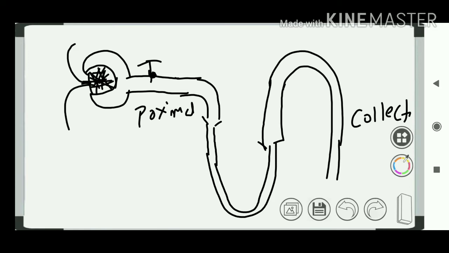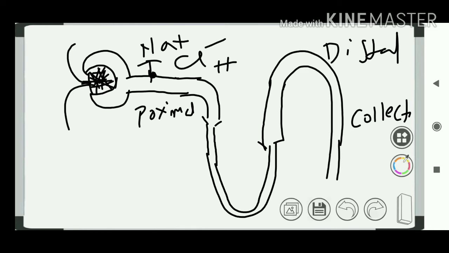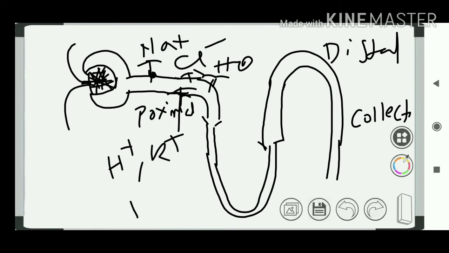See how the ions are going to be exchanged here. In the proximal tubule, the sodium exits, and chloride, followed by the water. So this is the mechanism at the proximal tubule. Parallelly we are going to see the entry of protons and potassium, followed by ammonia and urea.